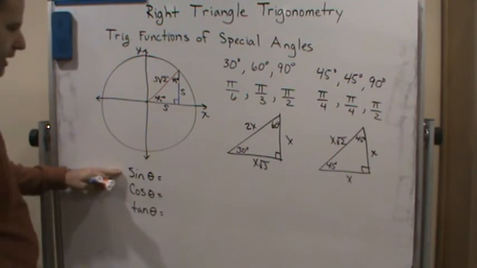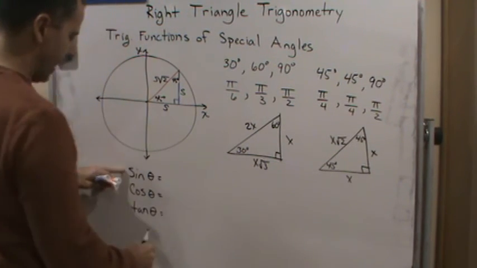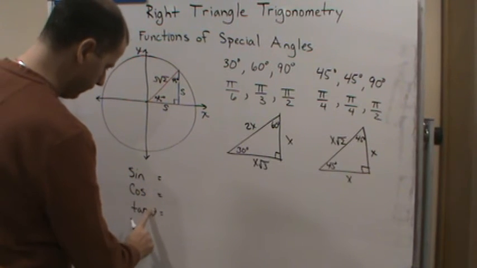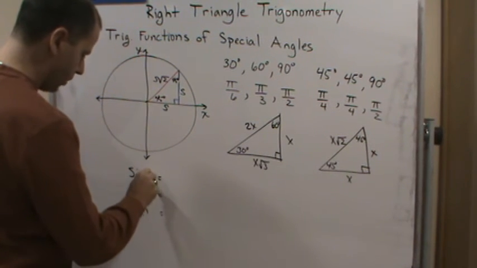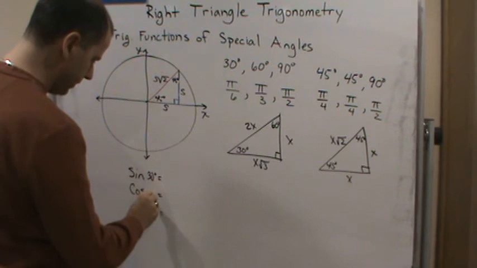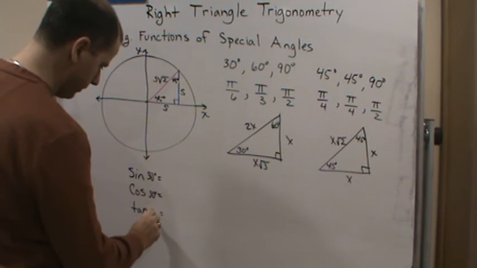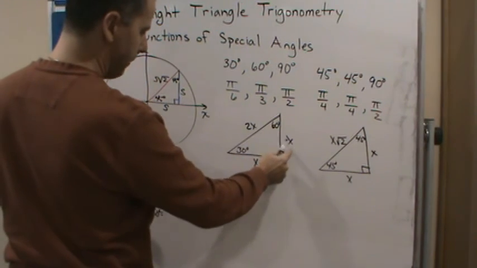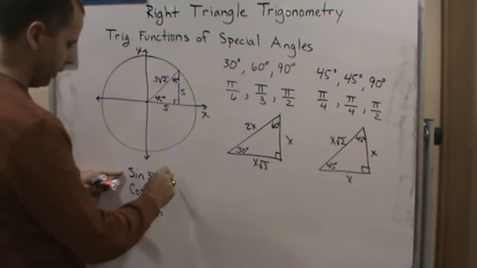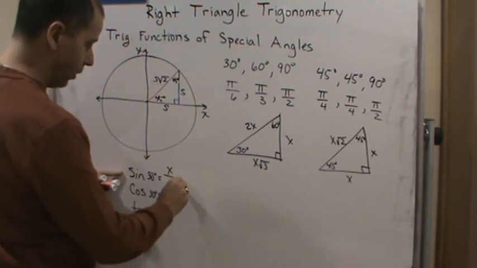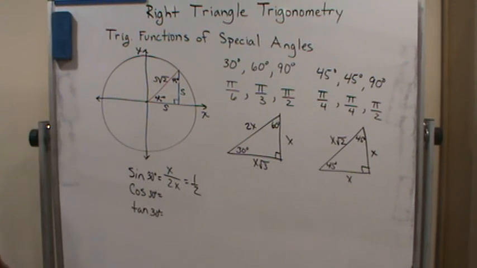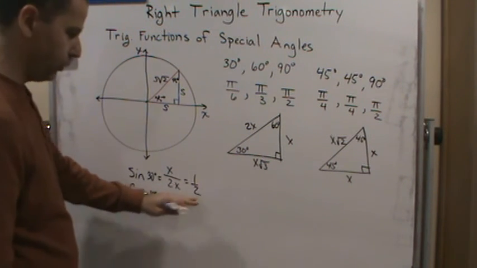Sine of 30 degrees, just as an example, is opposite over hypotenuse. Well, look what happens. It's going to be x over 2x, which just gives me a half. So x drops out. It doesn't matter what x is.